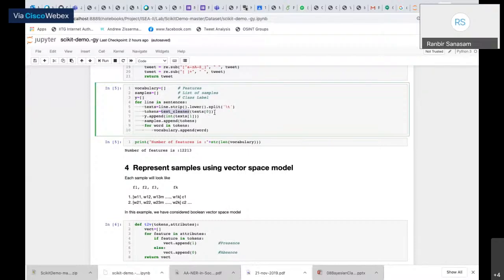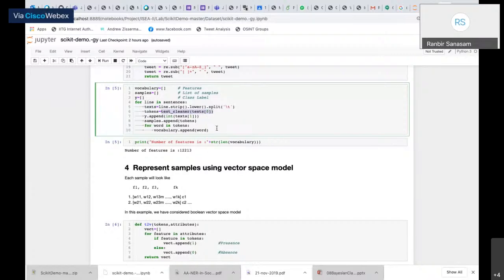It will clean every tweet, one by one, remove those special characters, and try to identify the unigrams and find the vocabulary. So now this loop will read every tweet and identify the unigrams.